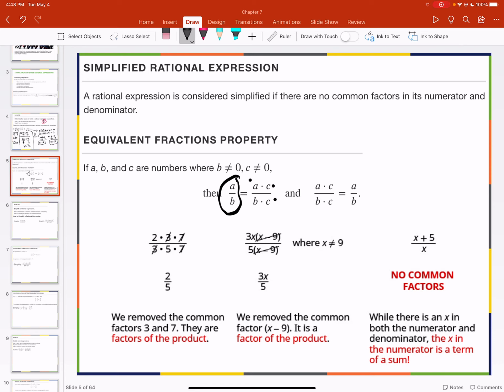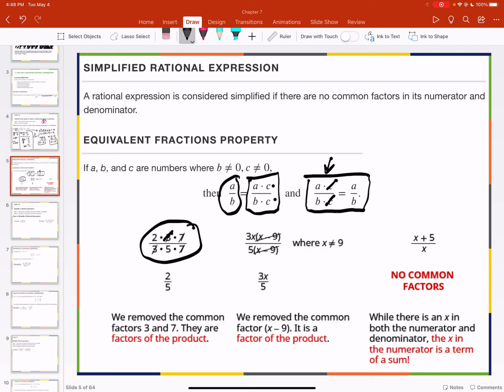They're equivalent, right? And similarly, if you were to factor a rational expression and then cancel out the common factor, that's equivalent. So let's say, for example, here, we have common factors of 3, common factors of 7, and your simplified fraction is 2/5.